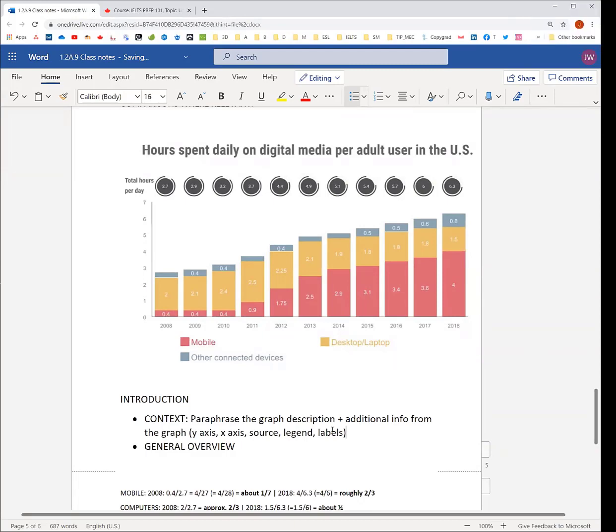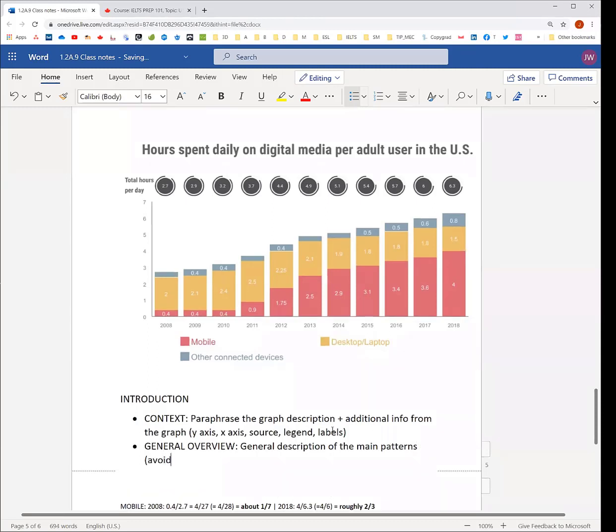And then the general overview is, like it says, a general description of the main patterns, and avoid specific numbers in the general overview because it's general, not specific, and minor details.